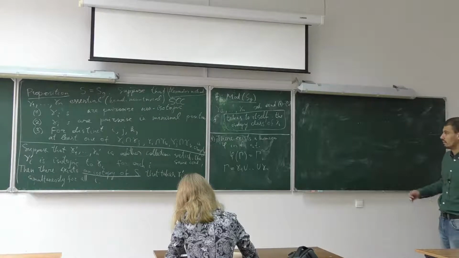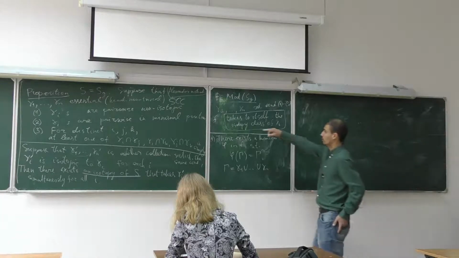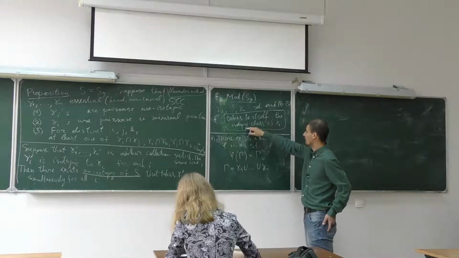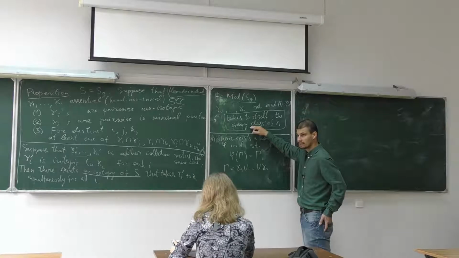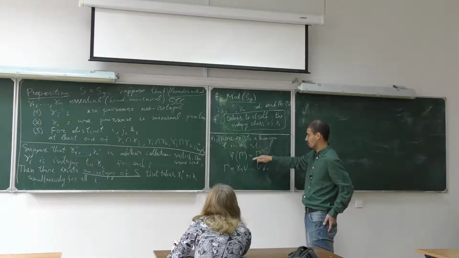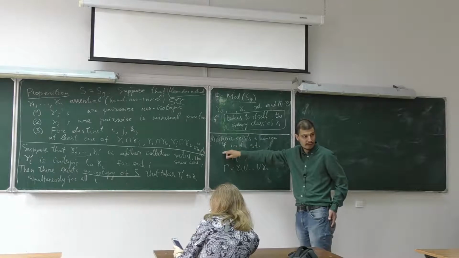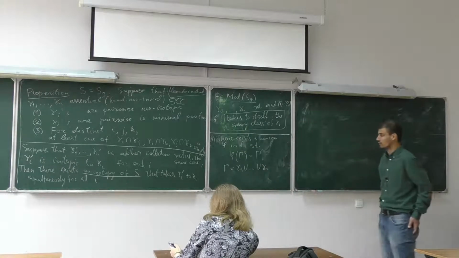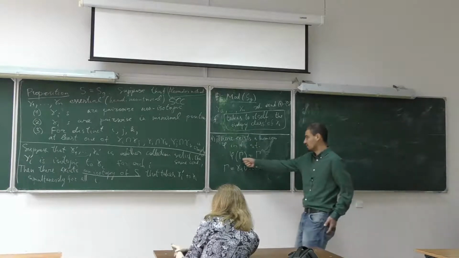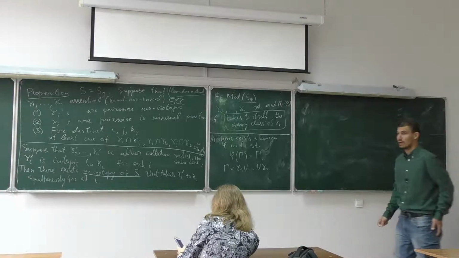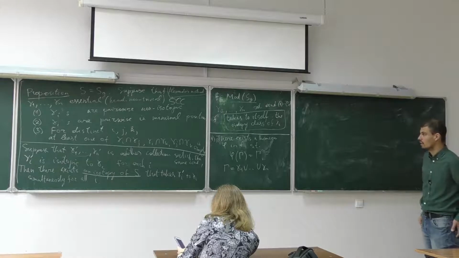So if we know that the mapping class stabilizes every isotopy class, then we can represent this mapping class by a homeomorphism so that it preserves the graph gamma. Why is this true?